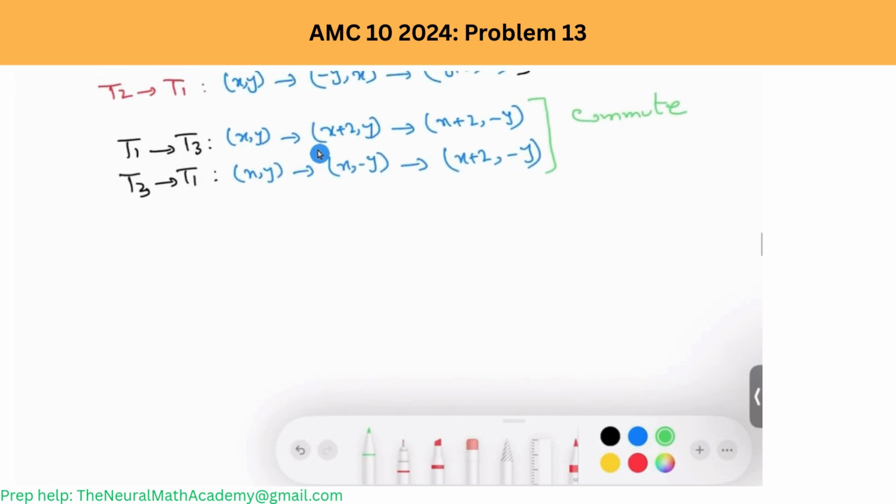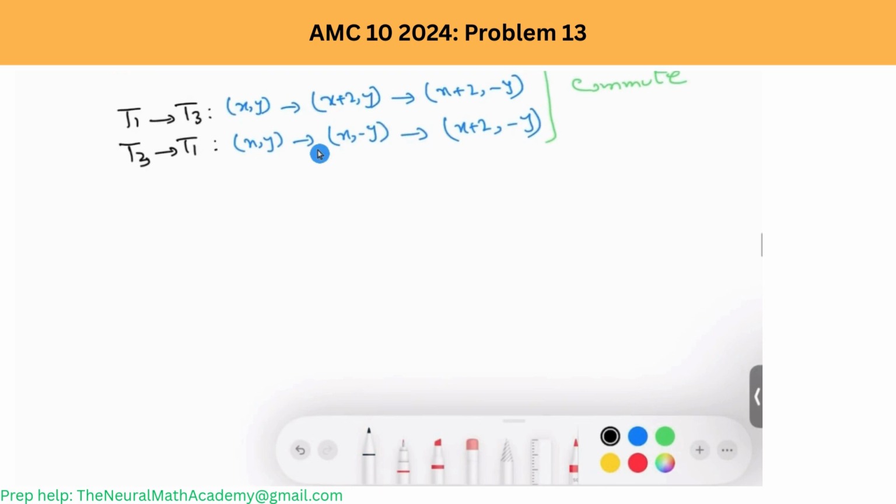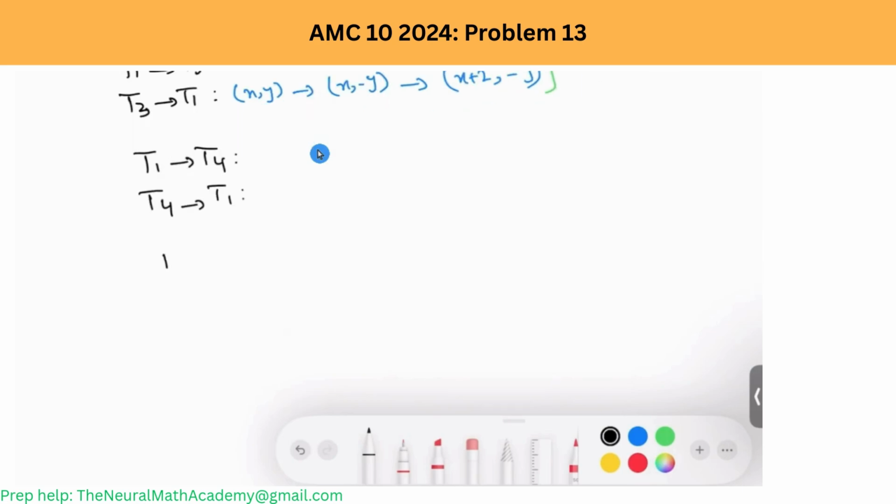In the same way, we will check the next pairs. I will just write the pairs now, and then I will let you do it yourself. You will check T1 first, T4 second, and then T4 first and T1 second. And then we will check T2 to T3, and then T3 to T2.